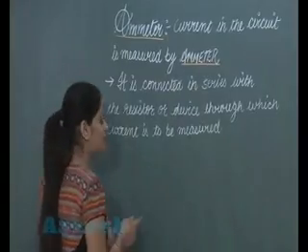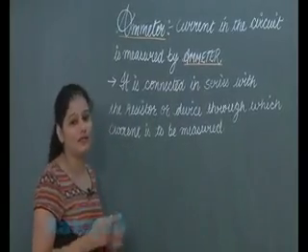Now student, the resistance of an ideal ammeter is 0.